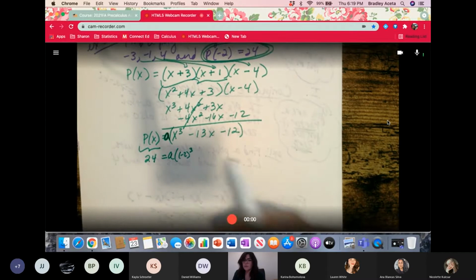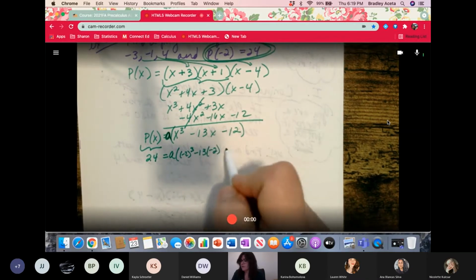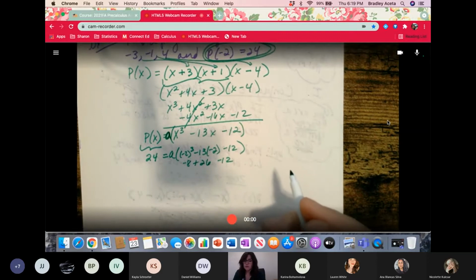So -2 cubed minus 13 times -2, and then minus 12. So let's see, -2 cubed is -8. -13 times -2 is positive 26, and then minus 12. And then what do we get? 6?